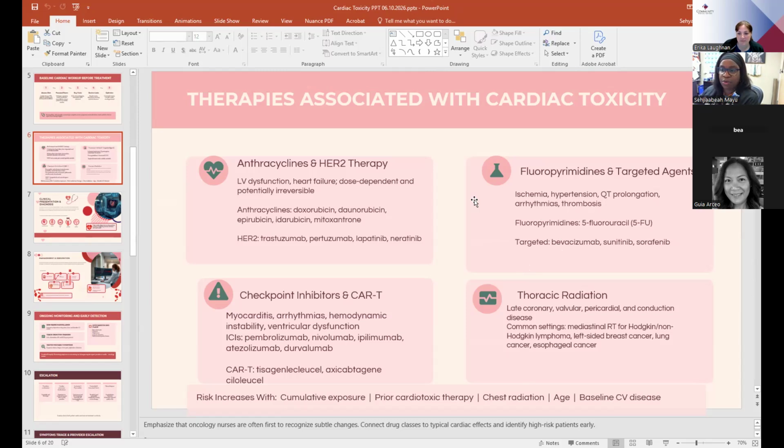Then we have the thoracic radiations, which could cause late coronary, valvular, pericardial, and conduction disease. Common settings: mediastinal RT for Hodgkin's lymphoma, left-sided breast cancer, lung cancer, esophageal cancer. So again, we want to emphasize that oncology nurses are the first to recognize the subtle changes, and we want to connect drug classes to typical cardiac effects and identify high-risk patients early.